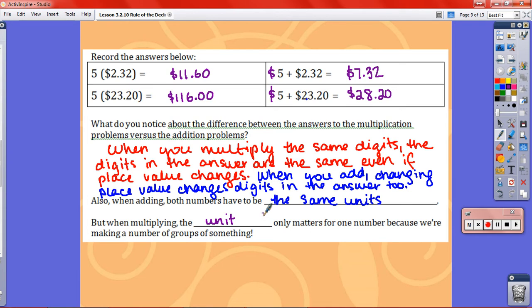So I can have 5 groups of money, and the groups are the unit almost. But if I'm adding, then both of the groups have to be the same unit, or else it's not really an addition problem anymore. So you can add money to get money, but if you add floss to unicorns, you're still going to have floss and unicorns.